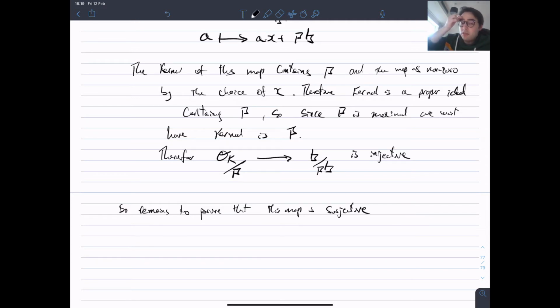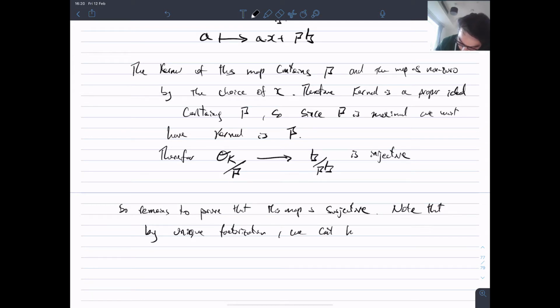So to do this, we just need to invoke the fact that we have unique factorization of ideals. So note that by unique factorization, we can't have any ideals strictly between B and PB.